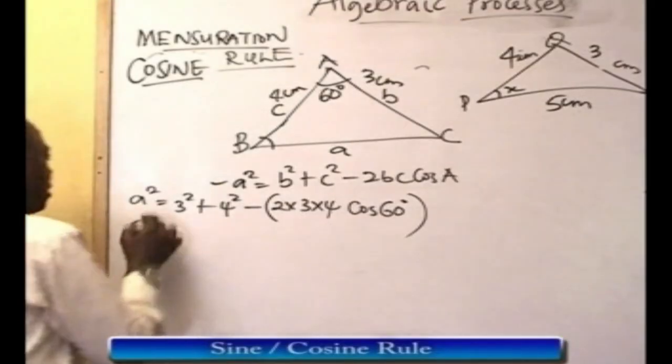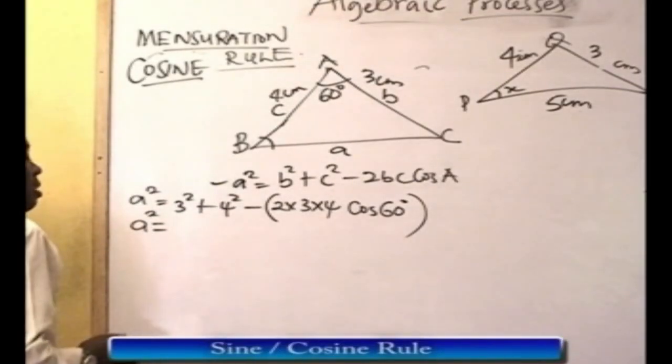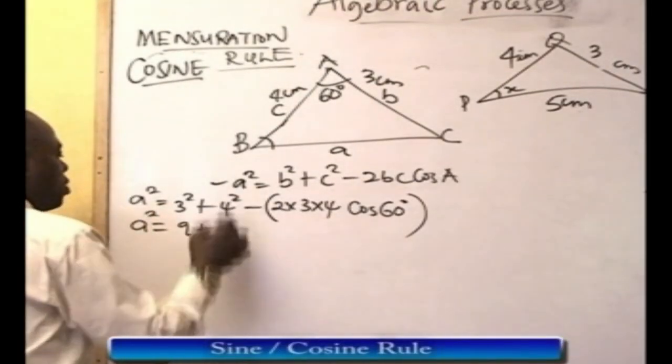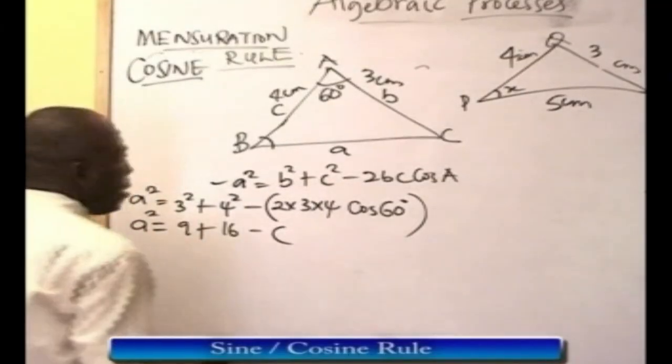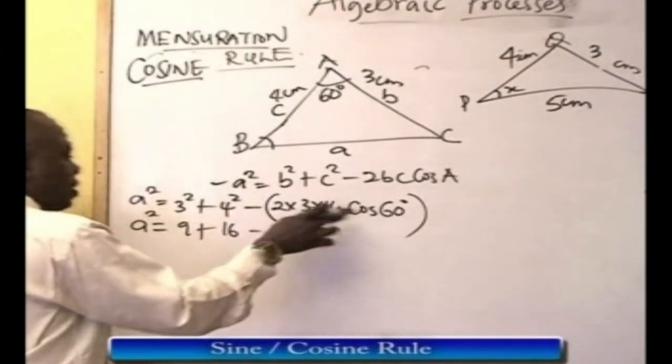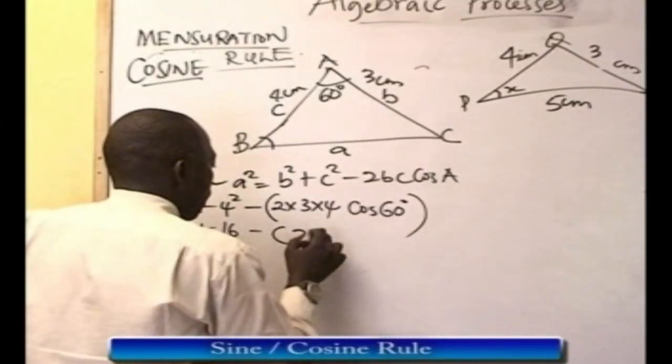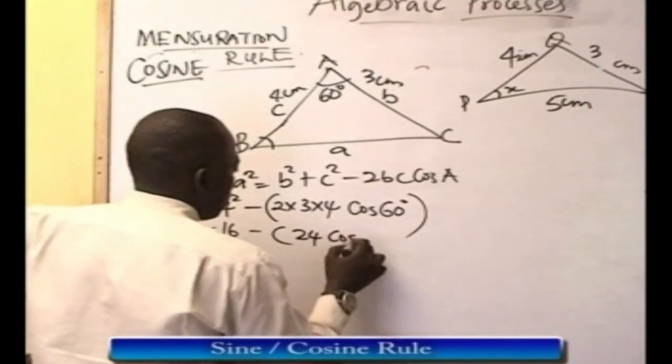I'll come back here. a squared is still a squared. 3 squared is 9. 4 squared is 16. Then we have 2 times 3 times 4: 2 times 3 is 6, 6 times 4 is 24, so 24 cos 60.